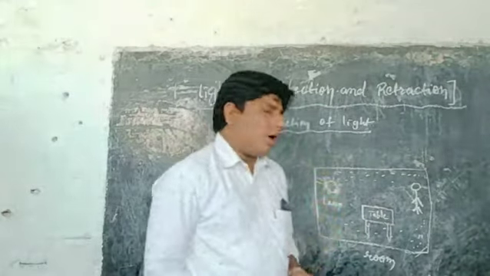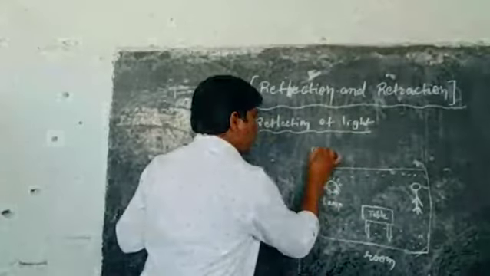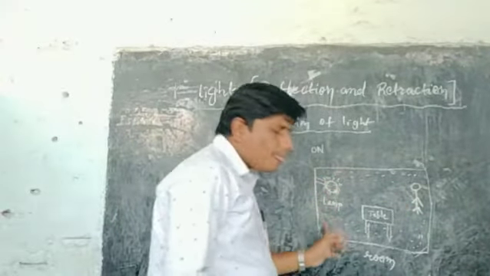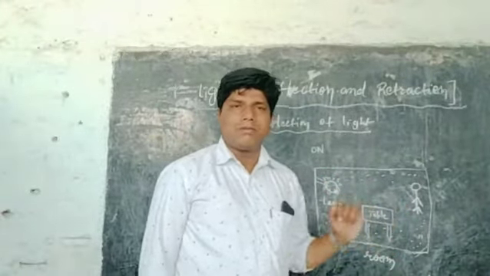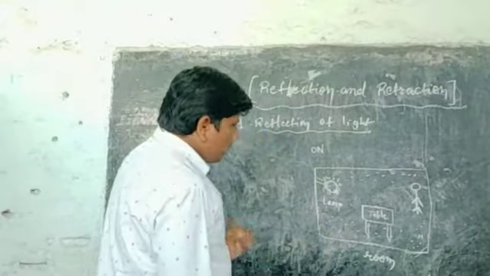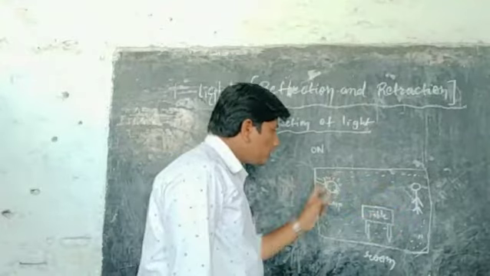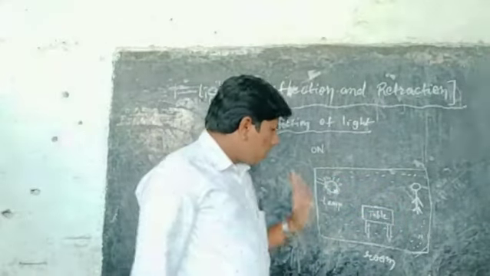When the lamp is on, this person is able to see all the things around him. Means, in the presence of light, this person is able to see and find all the things around him in that room.